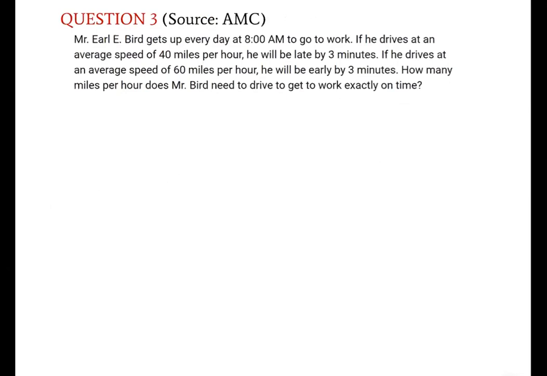So, question 3. Mr. Bird is driving to work, and we want to find how many miles per hour he needs to drive to get exactly on time. So first, let's let t be the exact time needed for him to get to work, and let's let d be the distance traveled.